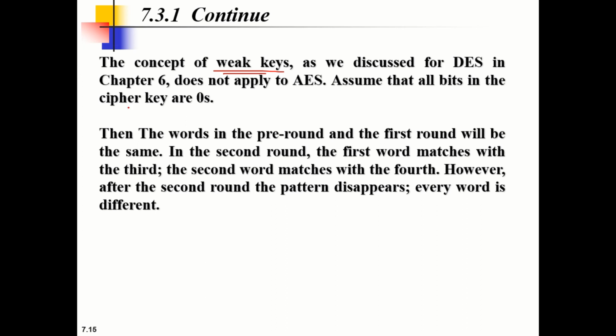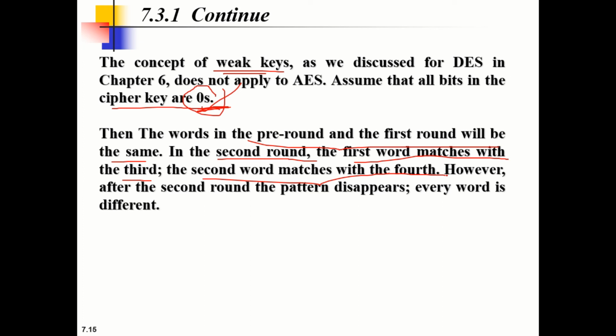So if we assume that all the bits in the cipher key are zeros, then if we generate the round keys out of this cipher key which is all zeros, then in the pre-round and the first round they will be same. Okay, they will be having all zeros in this, but in the second round the first word will match the third and the second word will match the fourth. So this pattern will be there in the second round.